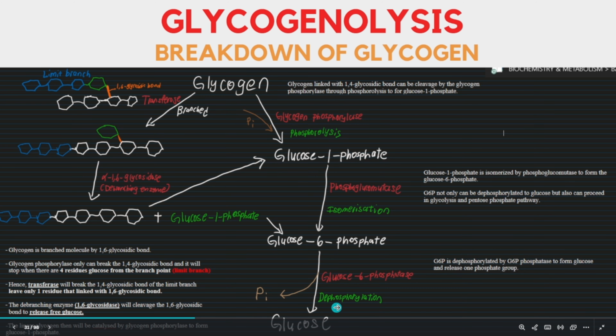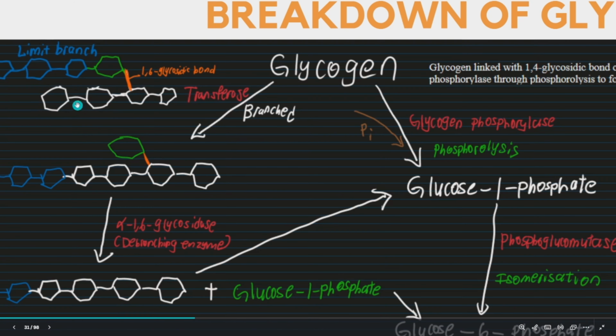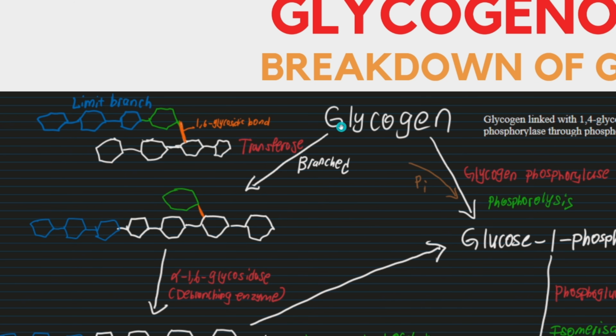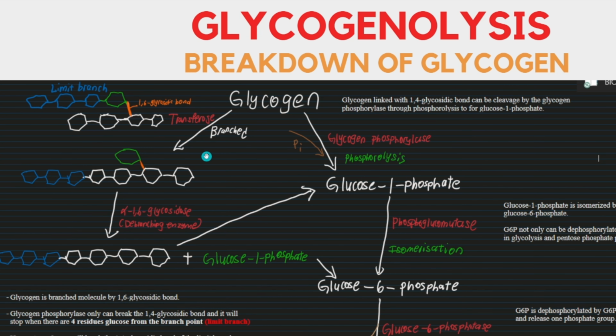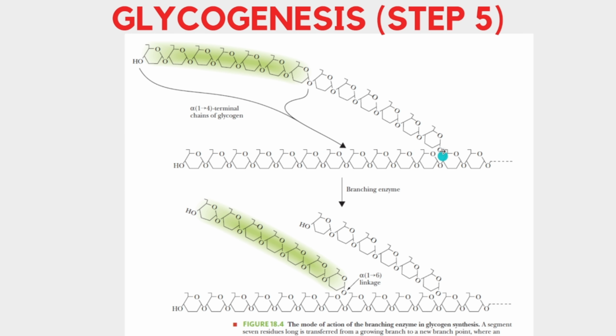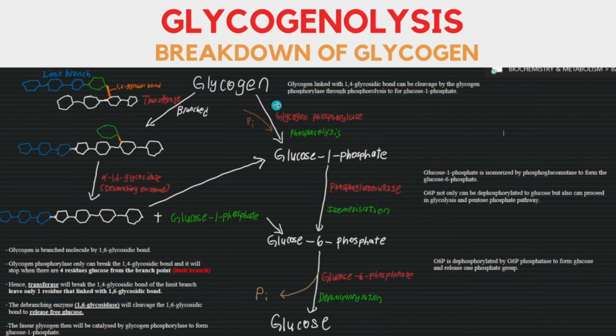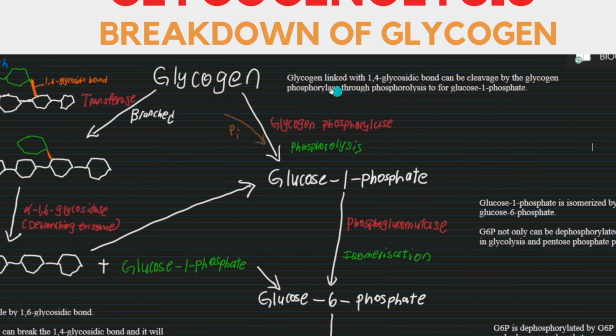That's very simple, it is directly simple. The complicated part is here, because you need to know glycogen is a branched structure, meaning a branch that links with the 1,6-glycosidic bond. You can imagine like this. But at one stage, the glycogen phosphorylase will not take over.